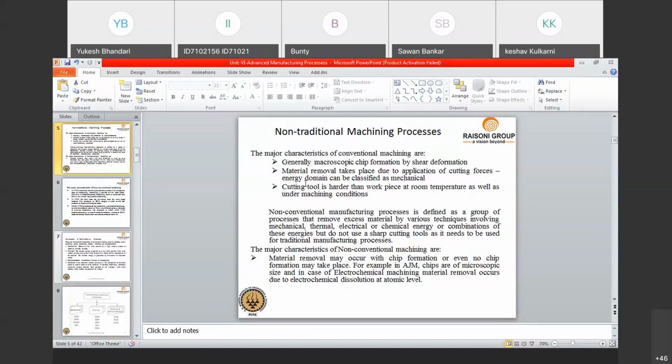In conventional machining processes, as you know, the material is removed in the form of macroscopic chips by shear deformation.